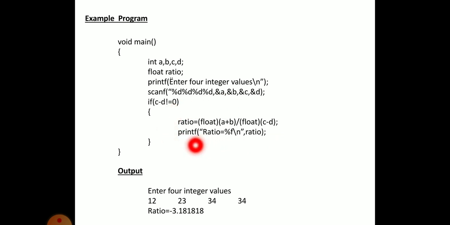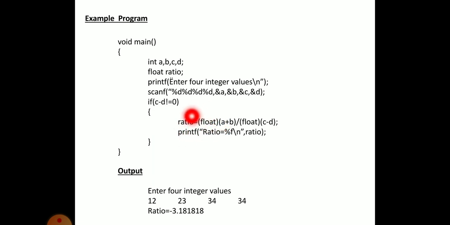So if C minus D is found to be not equal to 0, then ratio is calculated as ratio equal to float A plus B divided by float C minus D. It has to first calculate C minus D, and check whether C minus D is not equal to 0. If this condition is true, then ratio equal to float.